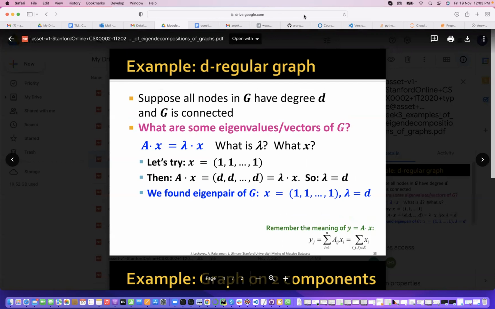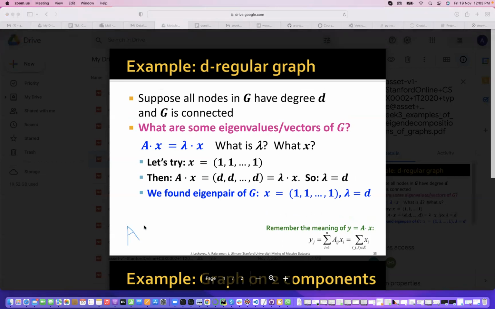Your A matrix, we don't know what it is, but it will have either zeros or ones. And you are taking x as simply all ones. Then you are taking Ax, but your assumption is that all nodes in G have degree D.